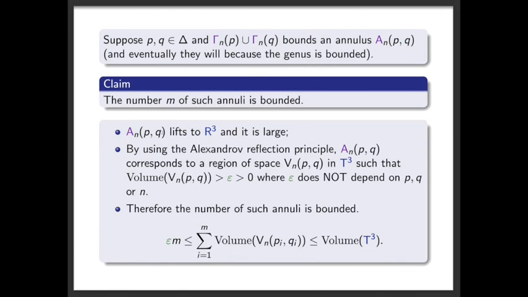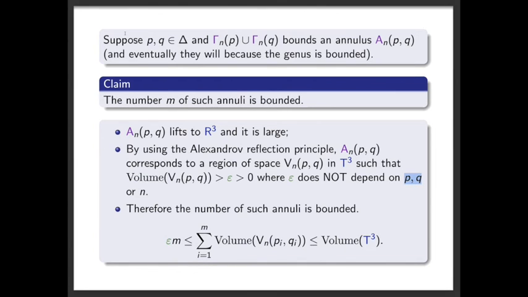The first step is to lift this annulus to R3, and one can prove that this annulus is large in the sense that it occupies a decent amount of volume. Then you can prove that when you go back to T3, again, it occupies a decent amount of volume in T3, and this amount of volume does not depend on the blow-up points.